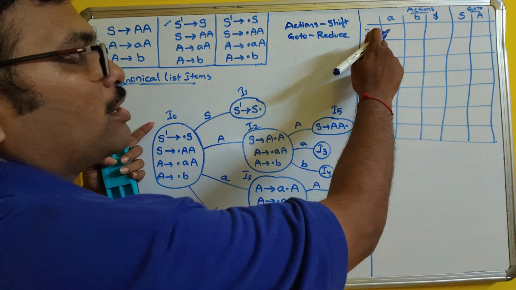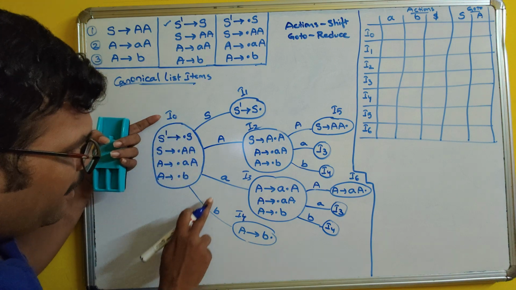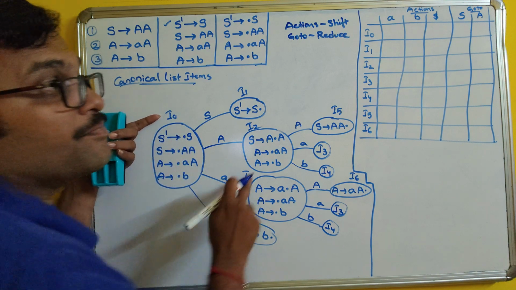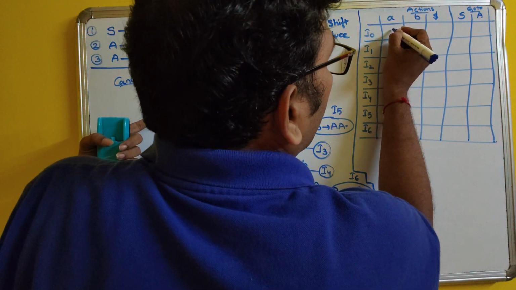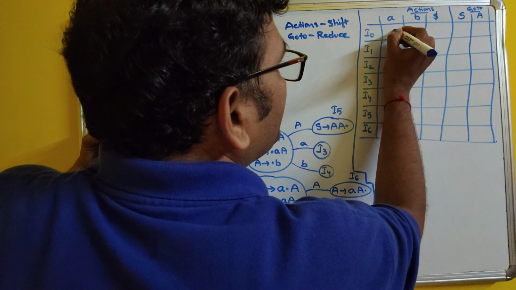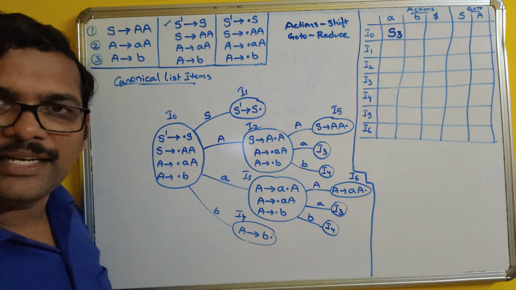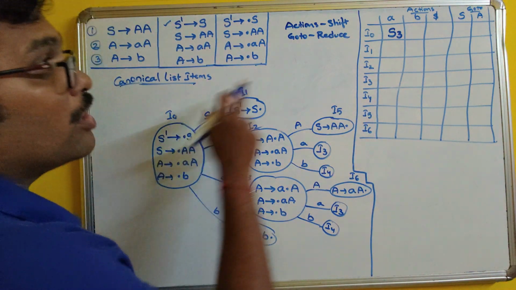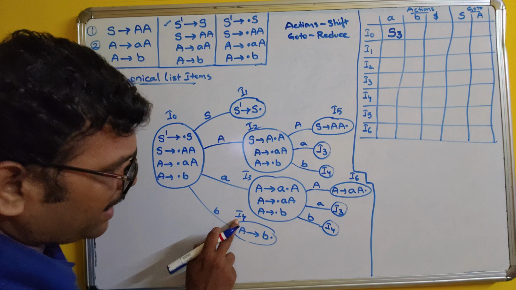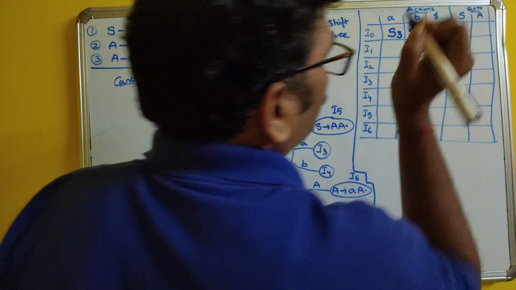So I0 on a goes to I3. I3 means give it as a shift 3, represented as S3. And I0 on b goes to I4, so we have to specify it as S4.